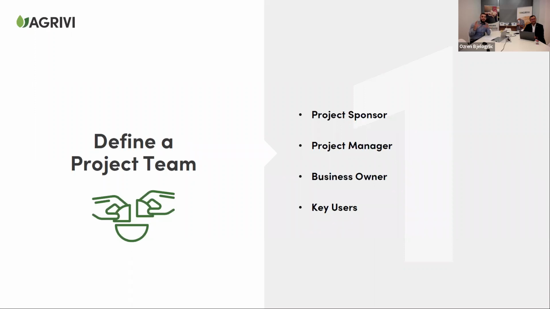These people or groups communicate heavily with project managers during the steering committees that happen. It could happen once a month, once a quarter, depending on the length of the project.